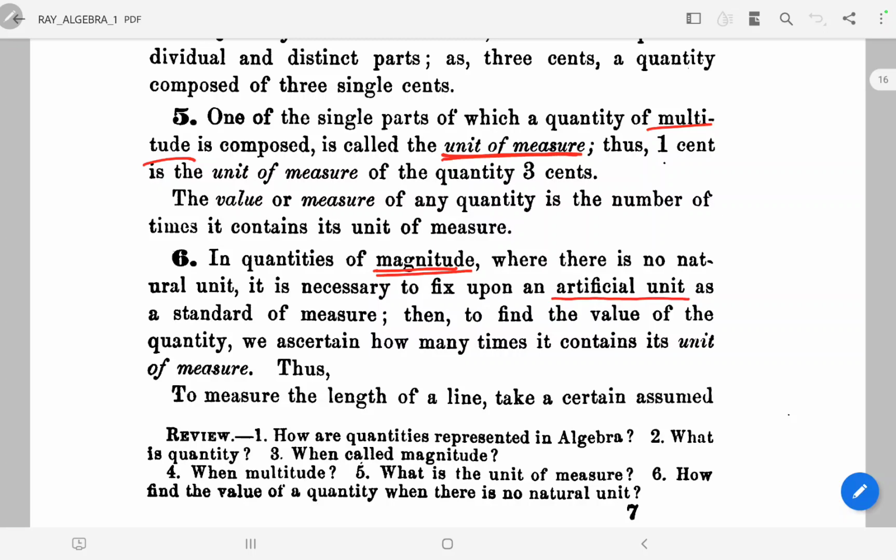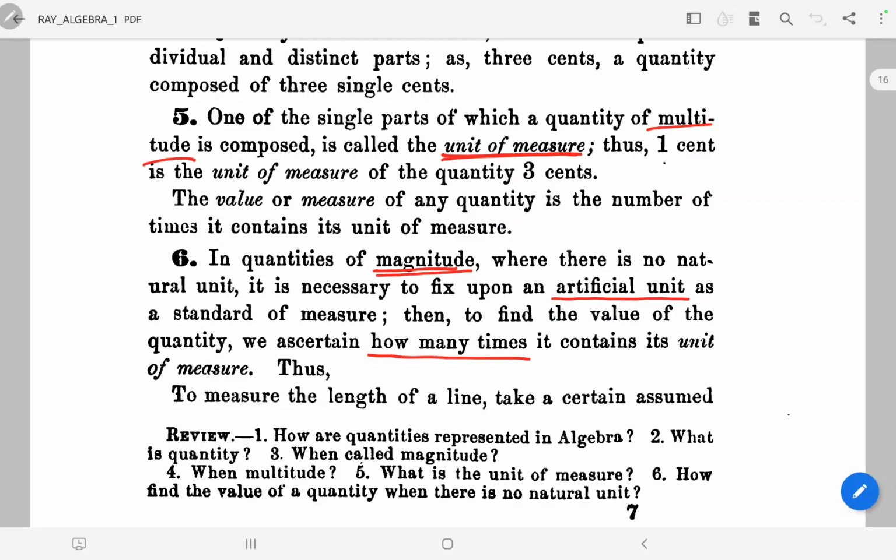We can make up any unit we please. But we need to choose a unit that we're going to use as a standard of measure, and then to find the value of the quantity, we ascertain how many times the magnitude contains its unit of measure.